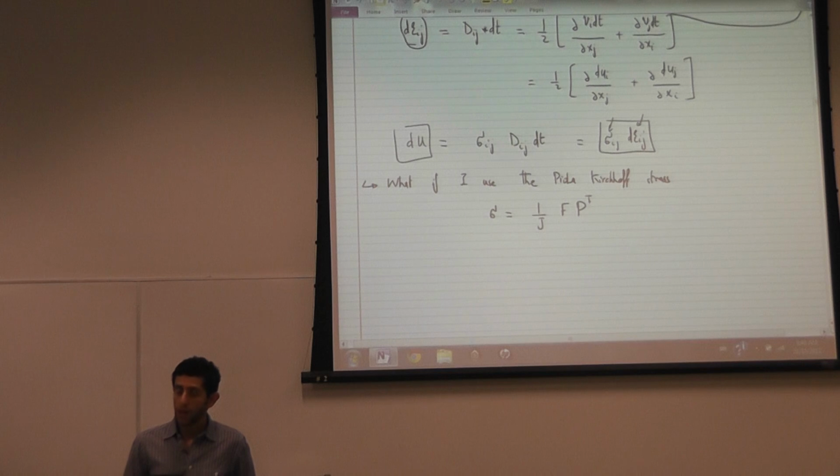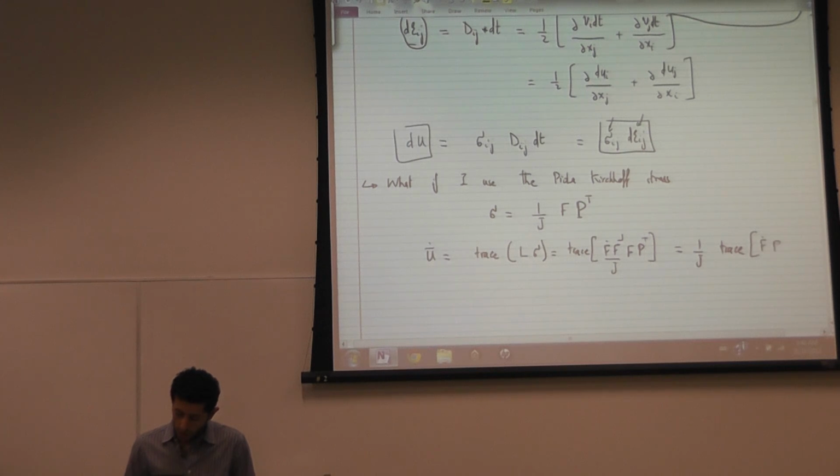I would like to know what is the energy conjugate to this P. So u dot was equal to trace L sigma. L was equal to F dot F inverse. Sigma is equal to 1 over J F P transpose. So you get 1 over J trace F dot P transpose.